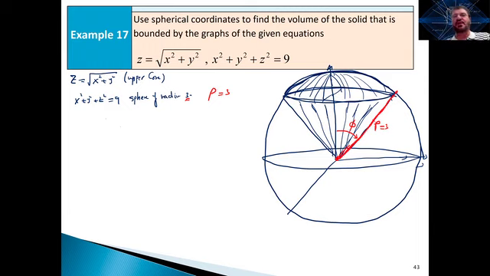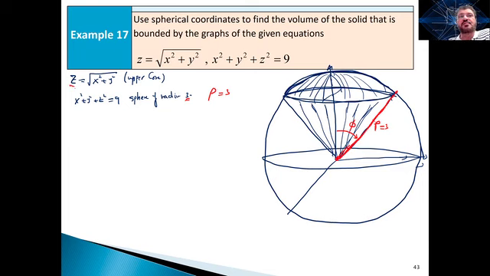So look what we're going to do now in this part. We are going to evaluate. I'm just going to use my calculator here. Okay. So the radius is equal to 3. Now, what do we know about z?